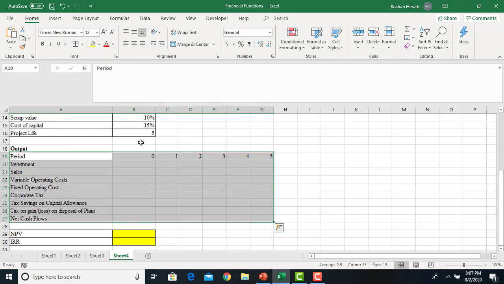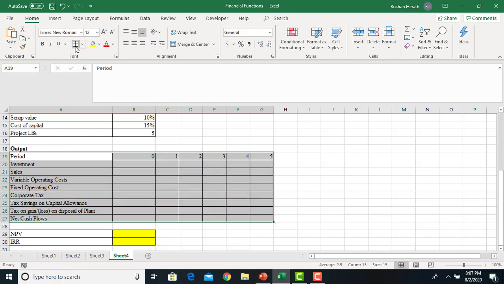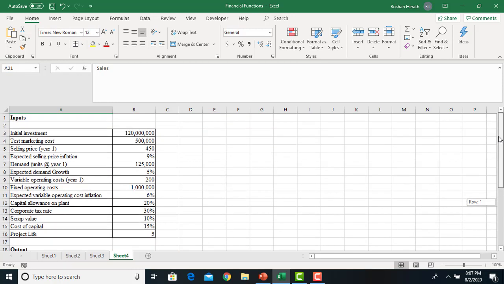Now the most important thing is identifying the cash flows. So here I haven't taken the test marketing cost. It is an irrelevant cash flow. While you were learning in second year management accounting, you learned that the test marketing cost is an irrelevant cash flow.